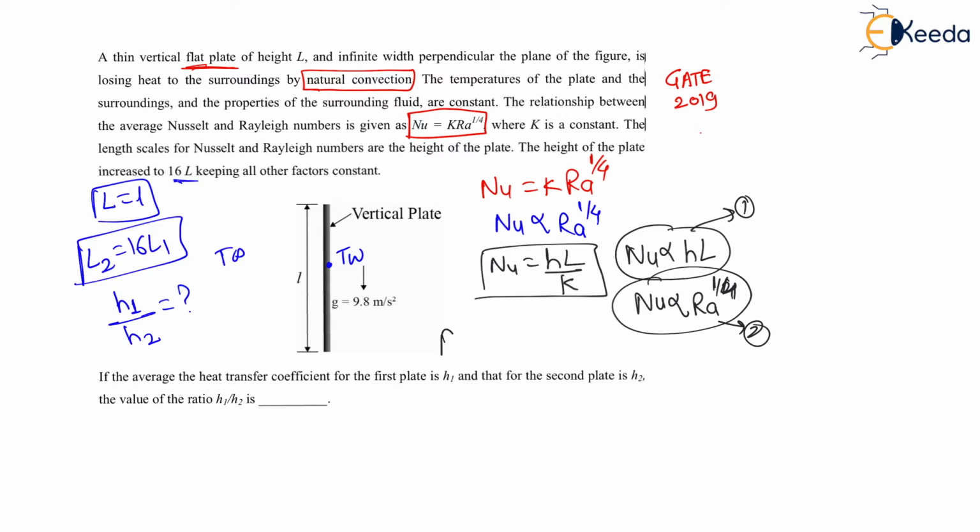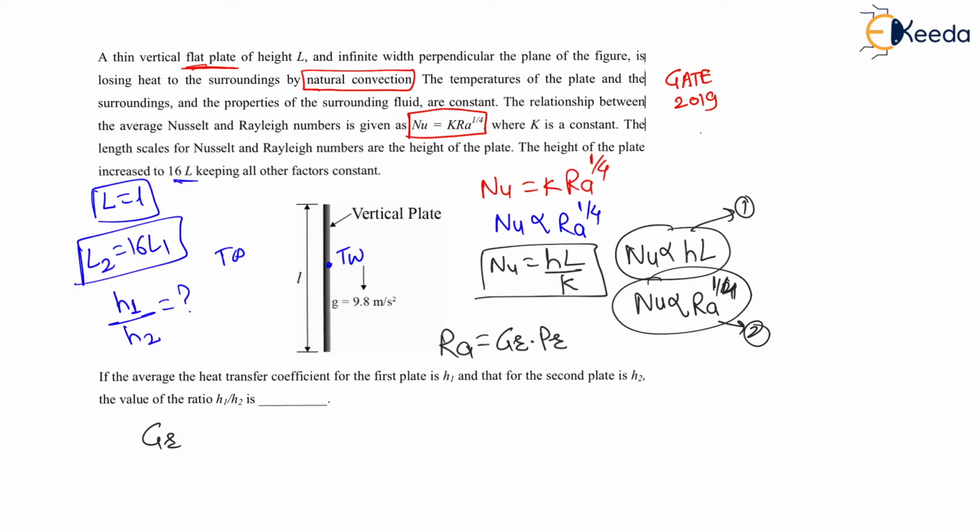Now, my dear students, this Rayleigh number is nothing but the product of Grashof number and Prandtl number, that we have already defined in the numbers used in convection, right? And we must know the formula of the Grashof number.